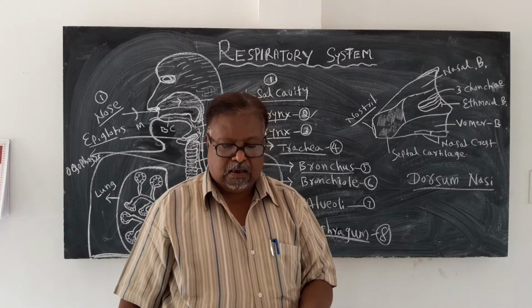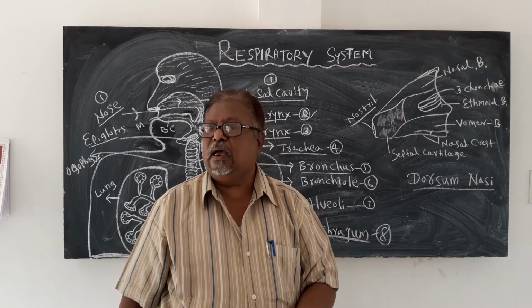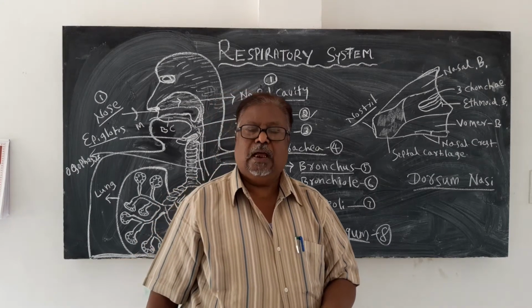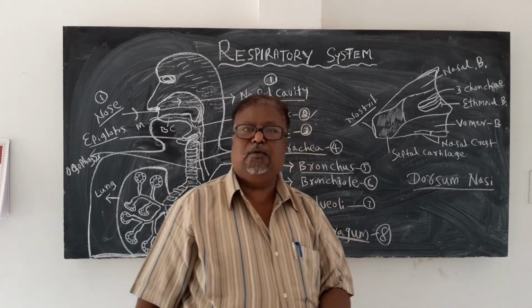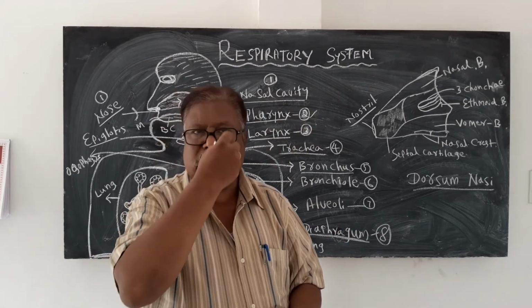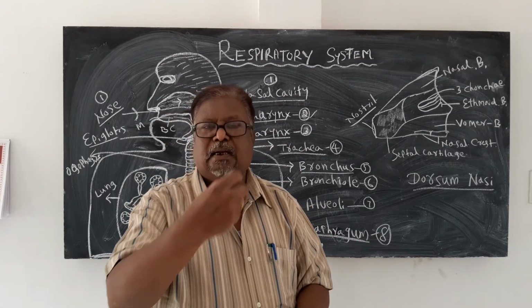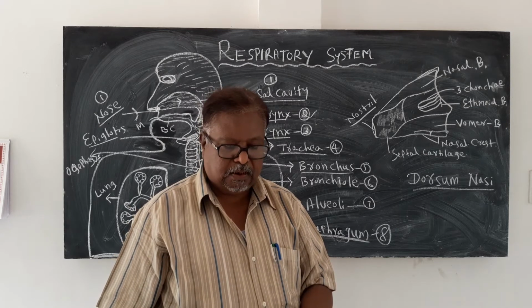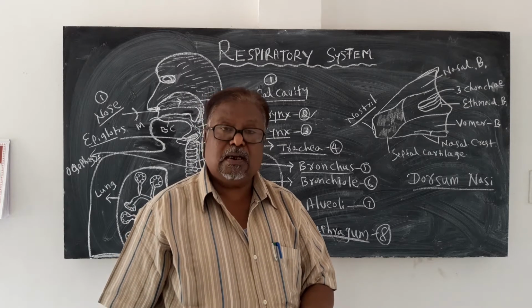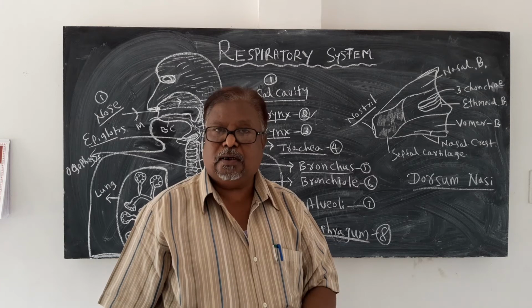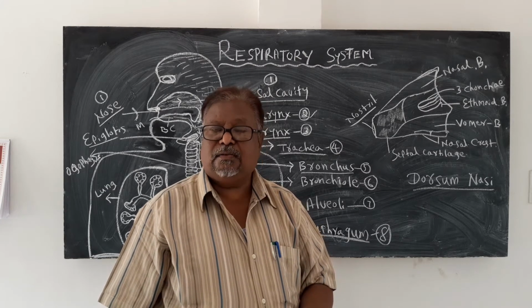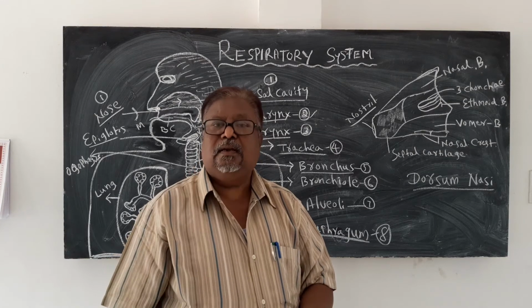The nasal cavity is lined by mucous membrane. The epithelial cells secrete the mucus. The nose is kept wet by this mucus. The mucus is very important for protection against the antigens which enter inside through the air.